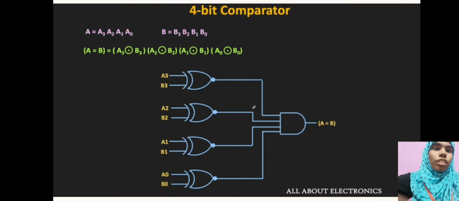Because of A3 exclusive NOR B3 and A2 exclusive NOR B2, the two expressions have an AND gate as the operation. So the outputs go to the AND gate, and the AND gate will evaluate outputs of A3 B3 as inputs, the XNOR operation will execute, and the AND gate will give the outputs for A2 B2, A1 B1 and A0 B0.